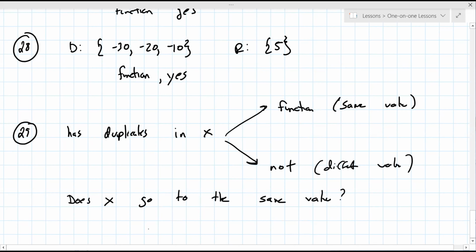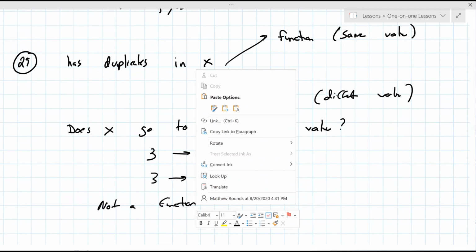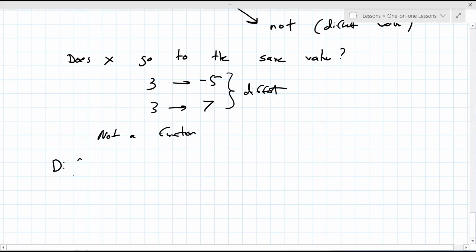So here, one time 3 goes to -5, but another time 3 goes to 7. These are different, so that means it's not a function. Not a function, but it does have a domain and a range. The domain and range are done exactly the same way.